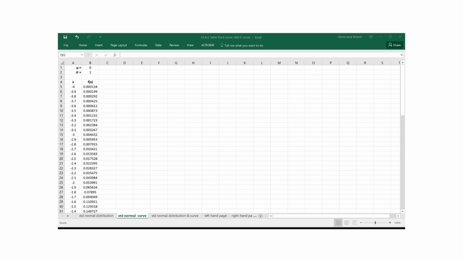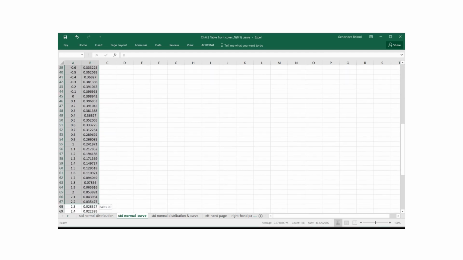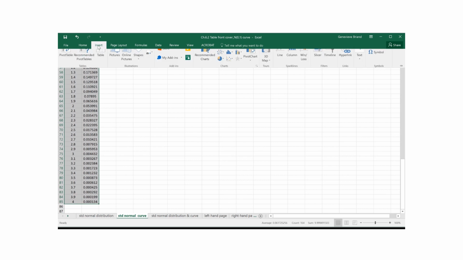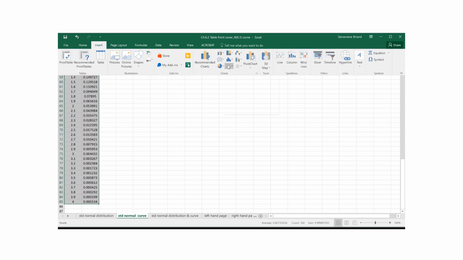So next we want to plot the x values and corresponding f values. So we select the x and f columns with our values, and then we go to insert on the scatter with smooth line, I think.